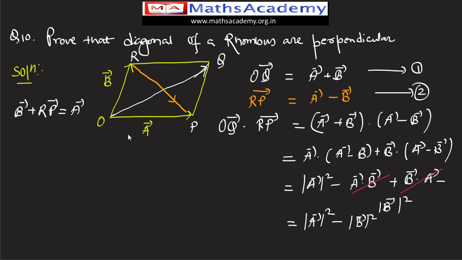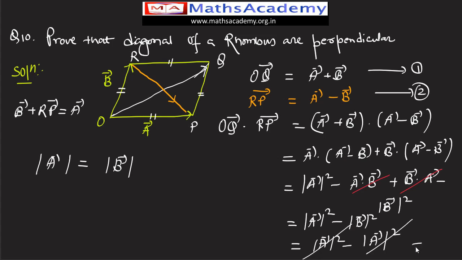Since it is a rhombus, all the sides have the same length, which means the magnitude of vector A is the same as the magnitude of vector B. So we replace the magnitude of B by the magnitude of A because both are the same, and these two cancel out.